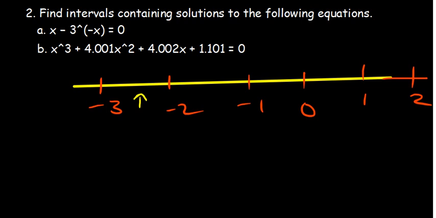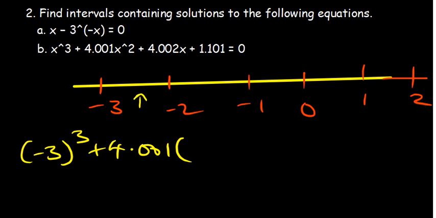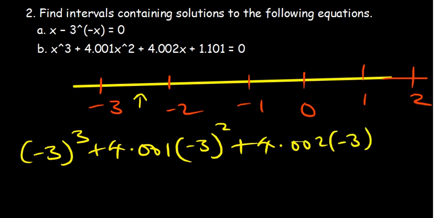So if I substitute negative 3 in that given function, what do we expect to have? That would imply we're going to have negative 3 to the power 3 plus 4.001 times negative 3 squared plus 4.002 multiplied by negative 3 plus 1.101.